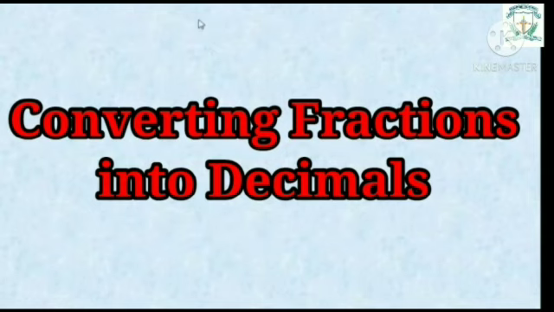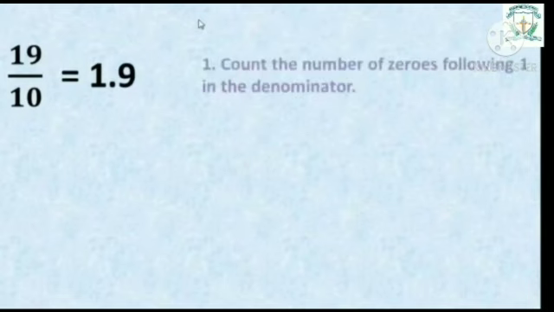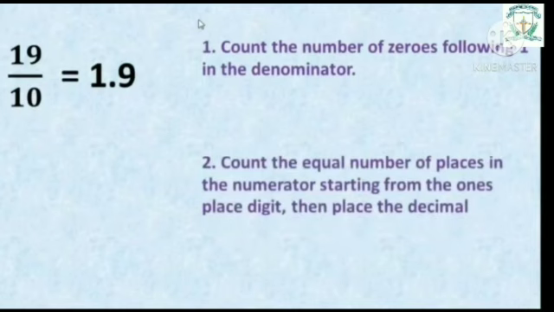Converting fractions into decimals. Example: 19 by 10 is equal to 1.9. There are two steps to follow. Count the number of zeros following 1 in the denominator. In denominator we have 10.